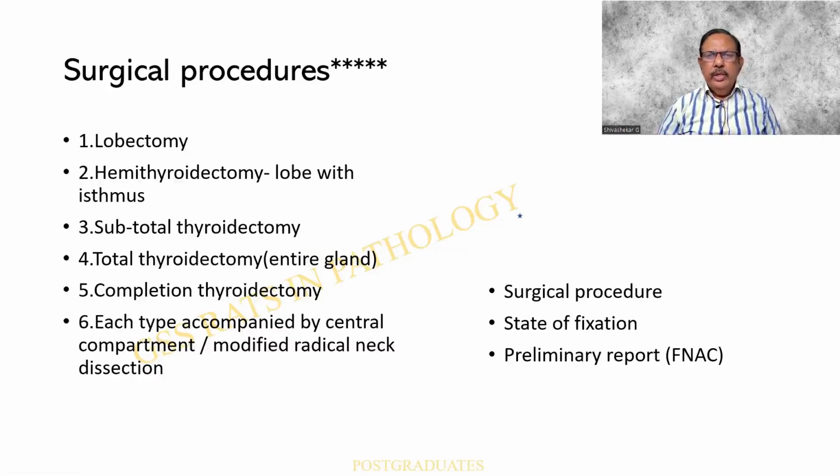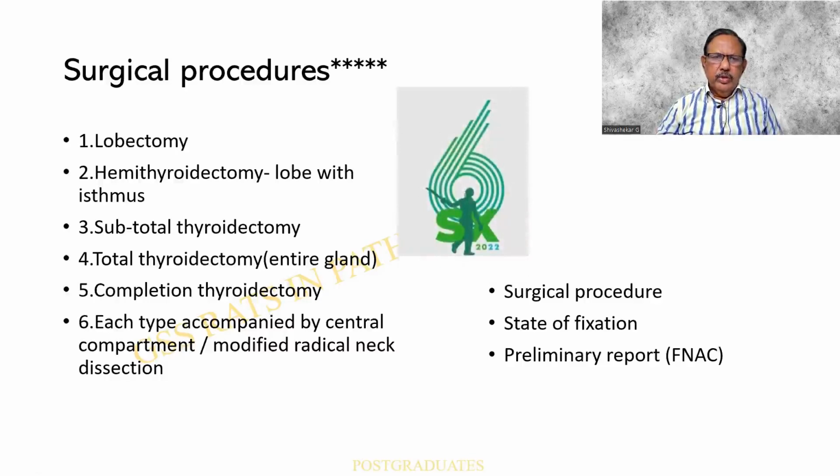And I had shown you the notes that can be included in the surgery. You should be familiar with the terms of the surgical procedure, what the fixation should be, and there should be concurrence with the preliminary report of fine needle aspiration. So this will be the takeaway for us.